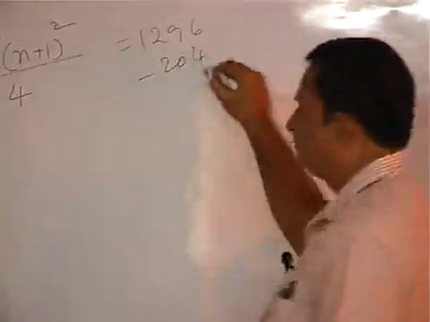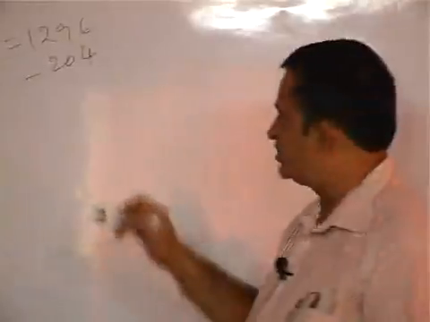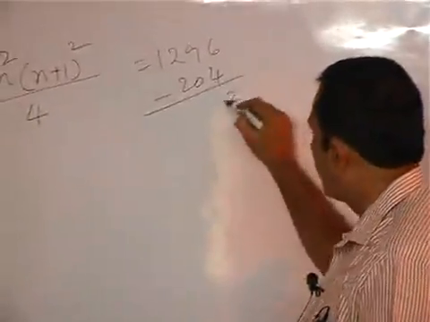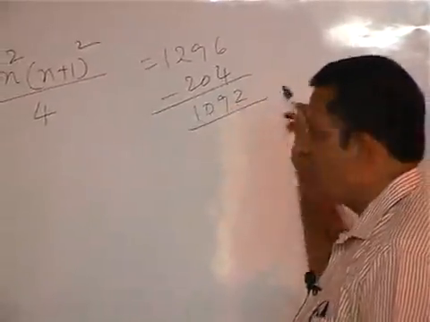If you take that property also into consideration, 1296. Suppose if we ask how many rectangles will be there on a chessboard in brackets without squares, means minus 204. That comes to 1092.